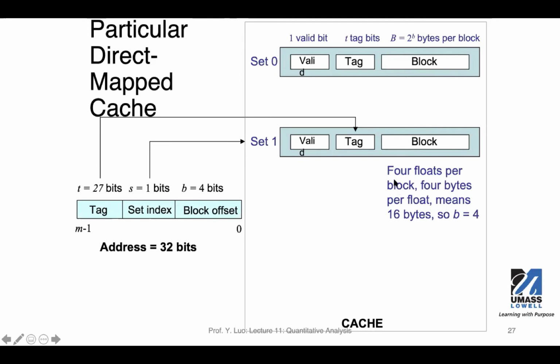And recall that we have 2 floating point numbers for X, 2 floating point numbers for Y. So in total we have 4 floating point numbers. And that's exactly 16 bytes. So X0, X1, Y0, Y1 will all be together here in this one block.